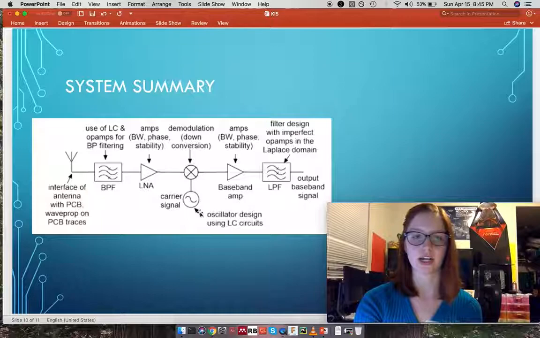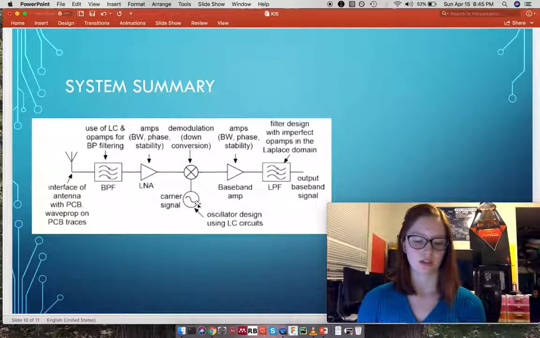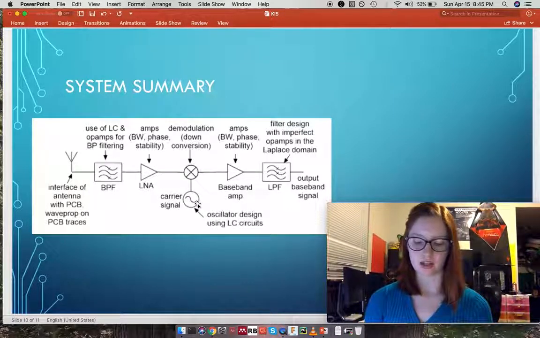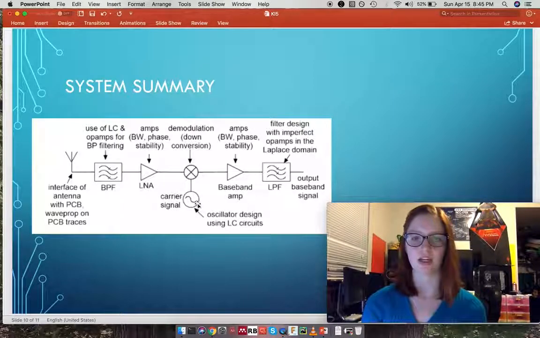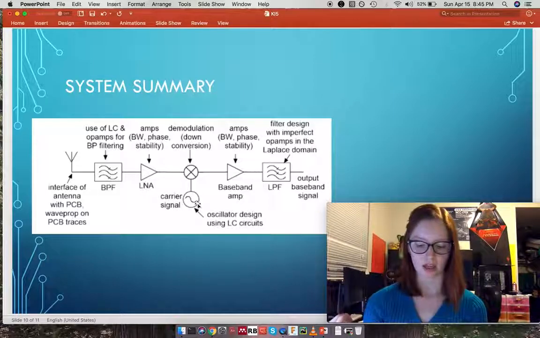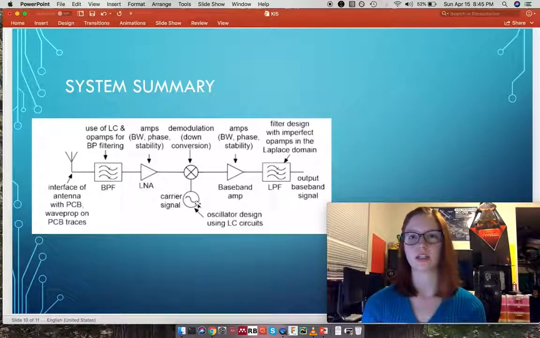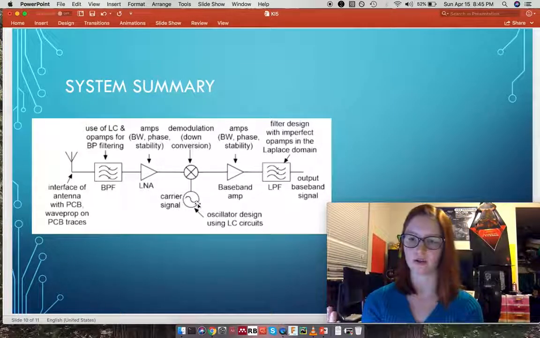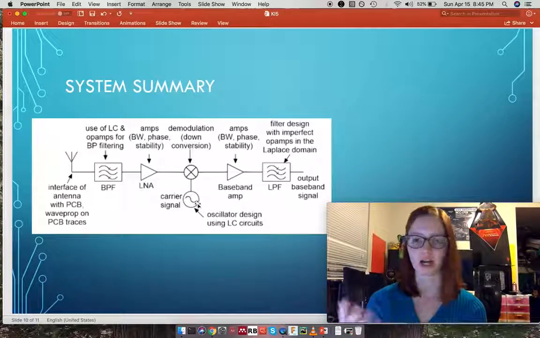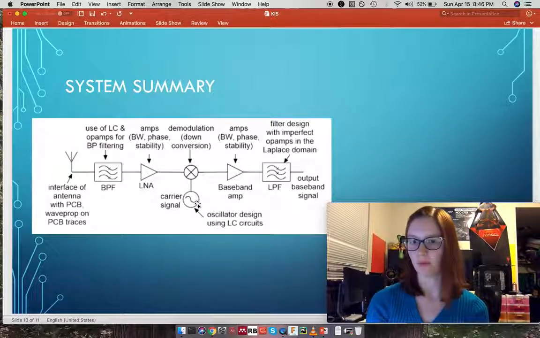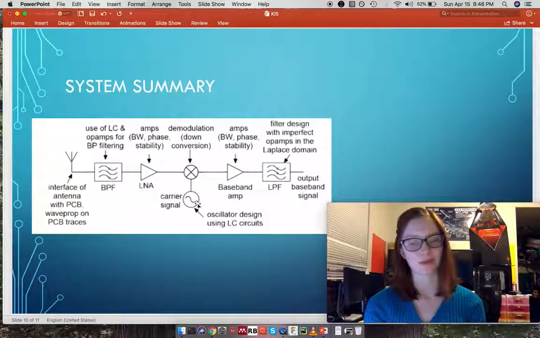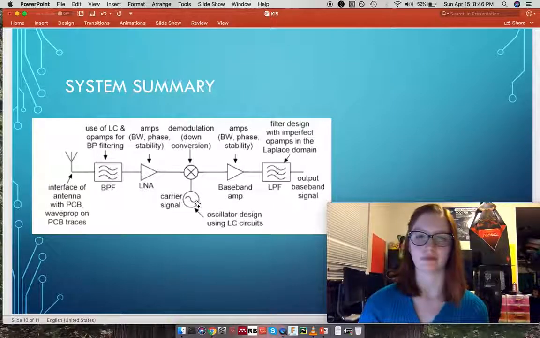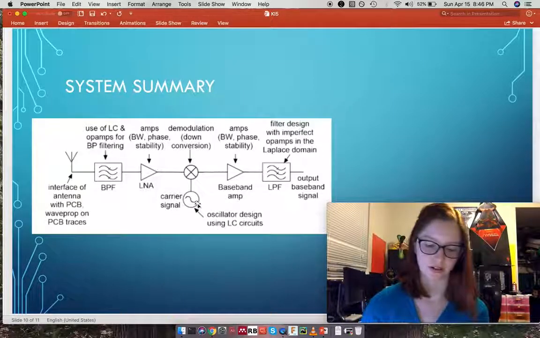This is a mixer, and it's an LC oscillator here, and we're going to take those and mix that signal with the input signal. We're doing this in order to get the frequency back into the audible range, because when we're transmitting over radio, we're going to use a much higher frequency than what the signal should actually sound like when we want to play it out loud or make it sound like the original signal.